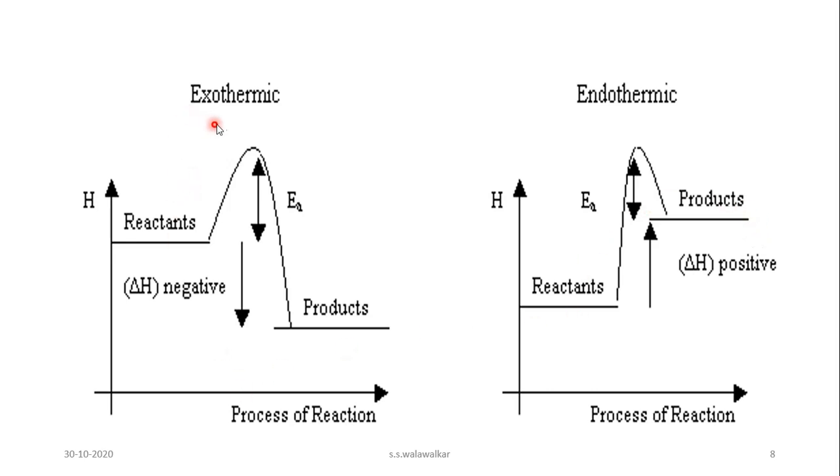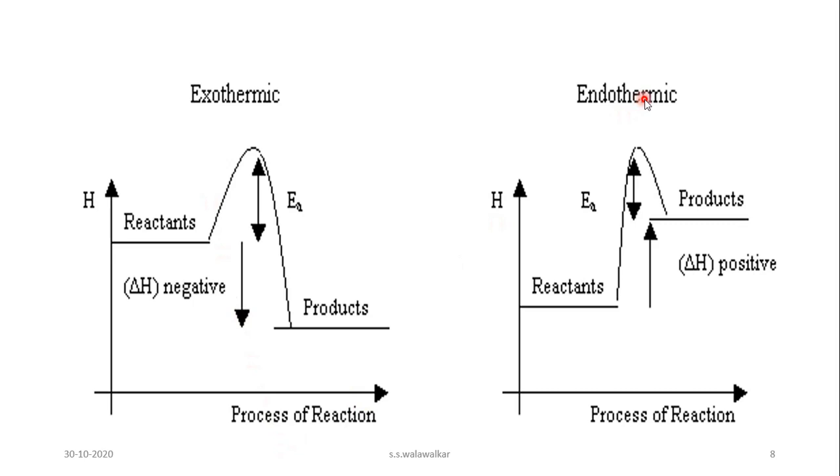And in case of exothermic reaction, when the reactant is converted into product, it releases heat energy. It releases heat, and therefore delta H is negative. And as the product has less enthalpy than reactant, product is more stable than reactant in exothermic reaction.